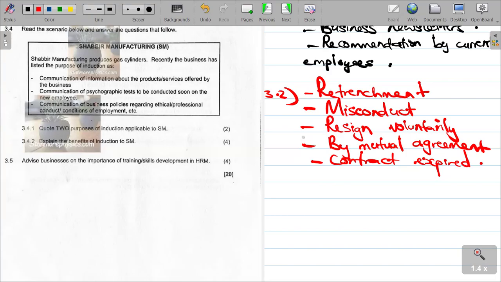It might be due to redundancy, whereby the employee is no longer needed by the employer. Maybe these services might no longer be needed.